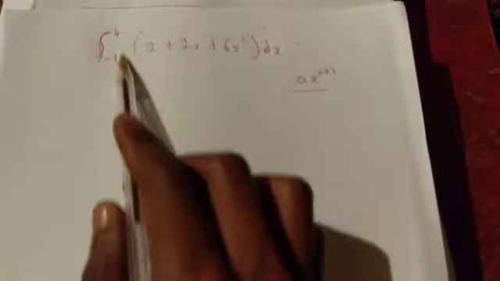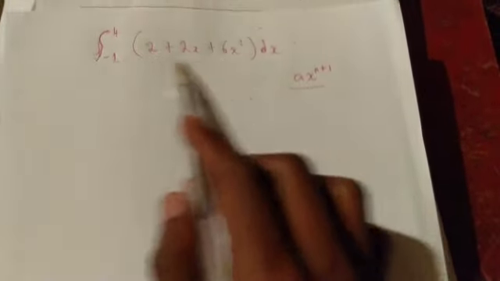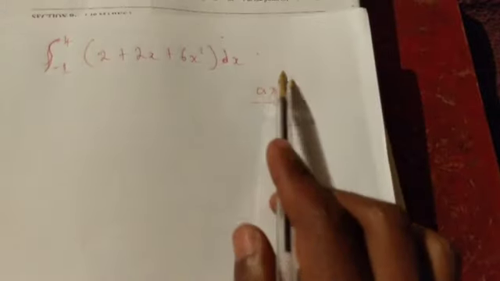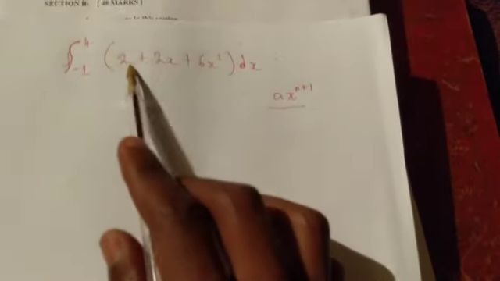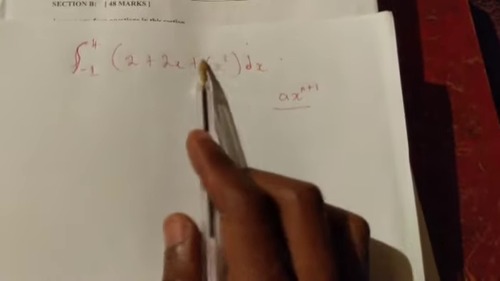Before we even find the integral between 4 and -1, we need to integrate this expression. Whatever formula I write here is what we are going to apply to each term, because each one is a term.